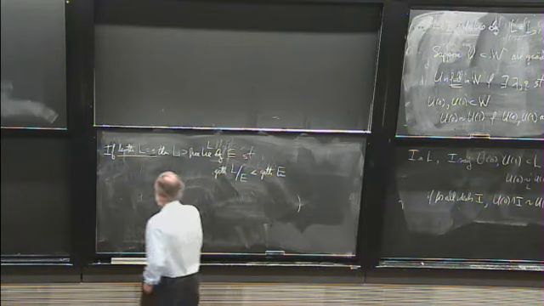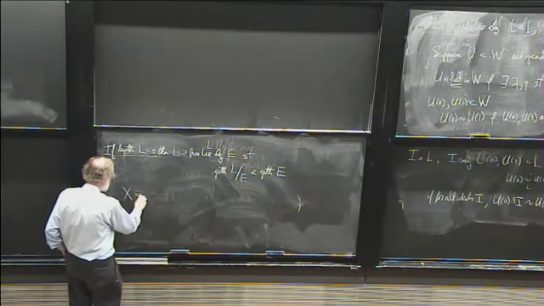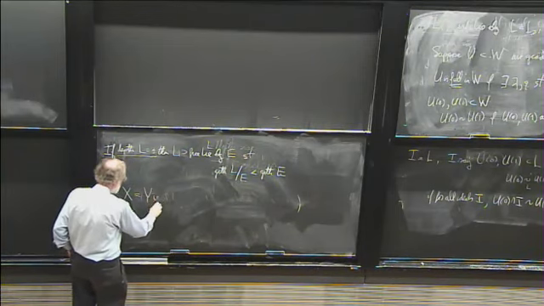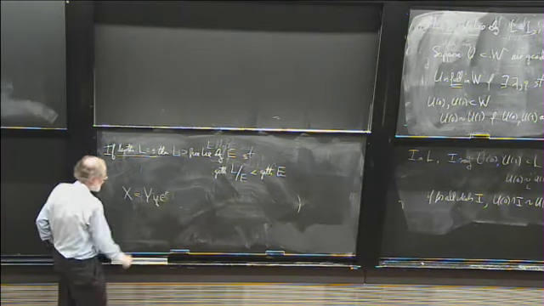And finally, suppose you have a space X, which is written as Y union a cell. Attaching map, all right?